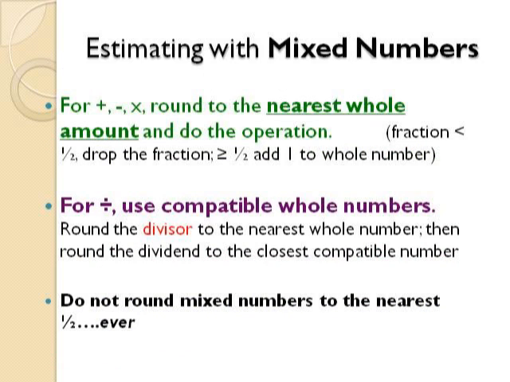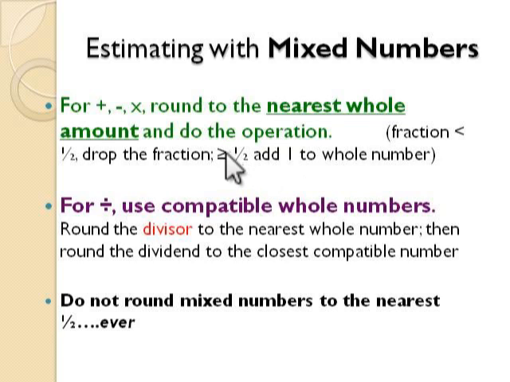We will estimate mixed numbers to the nearest whole amount, at least for adding, subtracting, or multiplying. So, if the fraction part is less than a half, we would drop the fraction and just keep the whole number. For example, 3 2/9. That would round to 3.